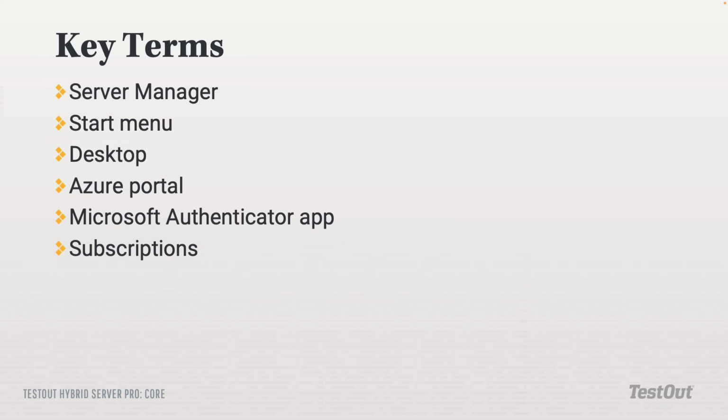So the Microsoft Authenticator app is what you utilize in order to get that code or that push notification, whatever it might be. So in TestOut, that's all going to be virtualized for you, right? It's going to have that application there, and it's going to be designed to work. But in the real world, you have to download the Microsoft Authenticator app on your device, so that way it is a second form of authentication.